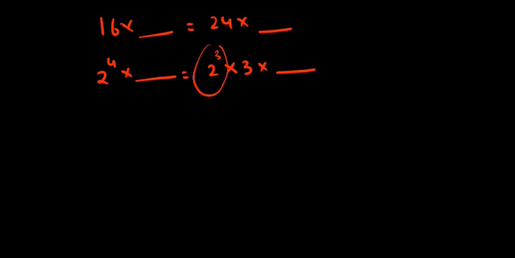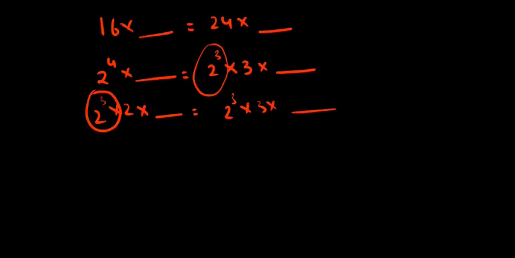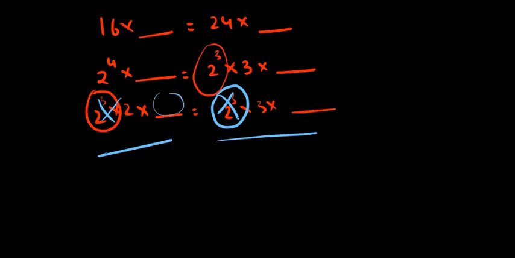Here 2 power 4 means 2 cube into 2, and here 2 cube into 3. If you remove this 2 cube, because both are equal, we don't get confusion. Then at last, what should be multiplied here we need, right? So the rest is 2 into some number should be equal to 3 into some number.